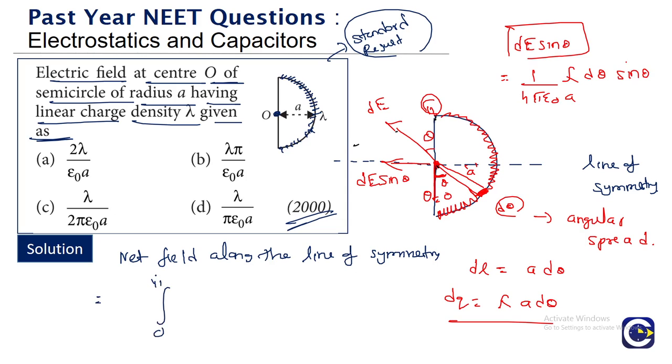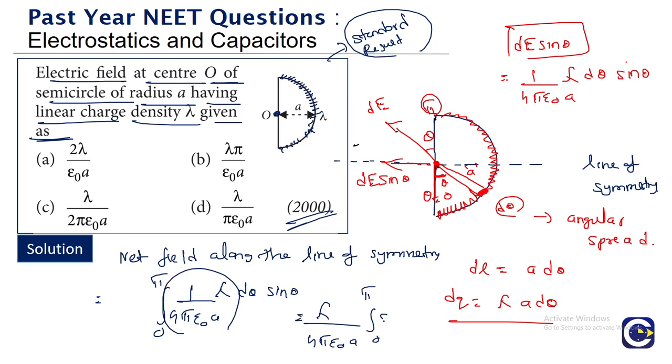Integration from 0 to pi of 1 by 4 pi epsilon naught a lambda d theta sine theta. This entire thing is a constant, it will come out. So lambda by 4 pi epsilon naught a, integral 0 to pi sine theta d theta.